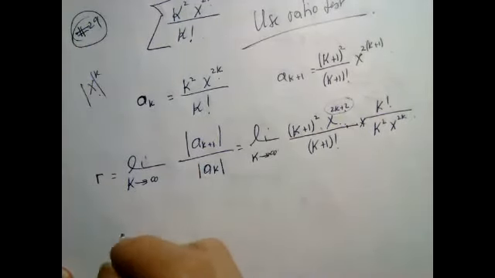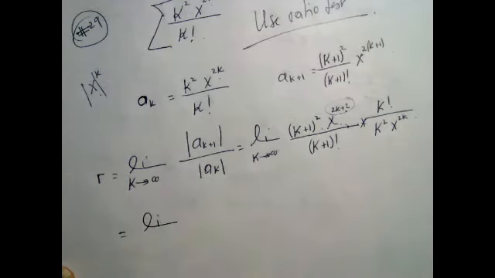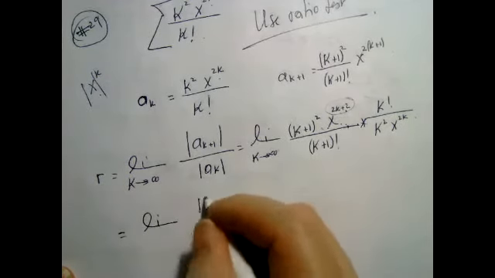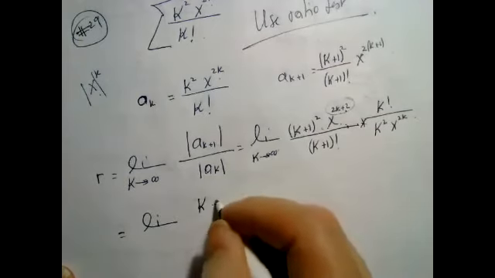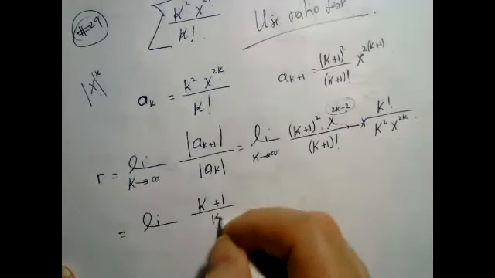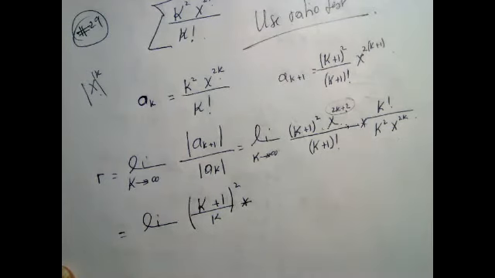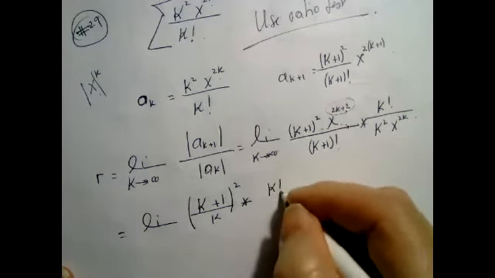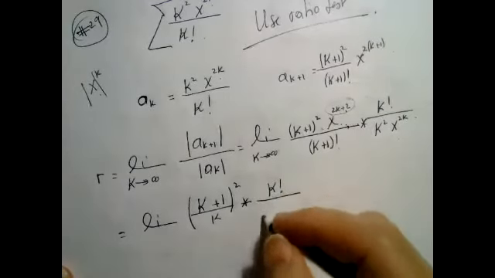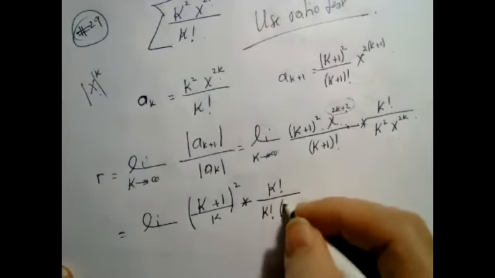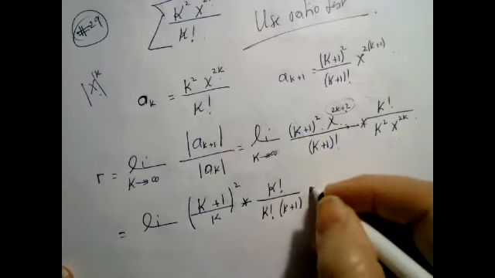Okay. And so now we do what we always do, put like terms together. So (k+1) squared over k squared, because it's the same power, I can put them like that, to make things easy for us. Then it's k factorial over (k+1) factorial, which we've done before, is k factorial multiplied by (k+1).